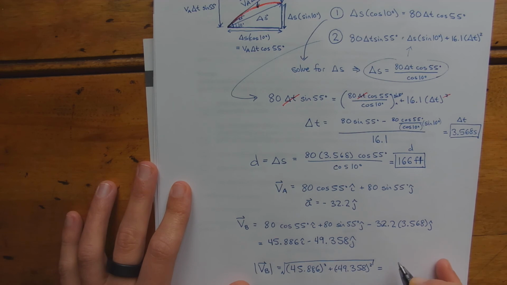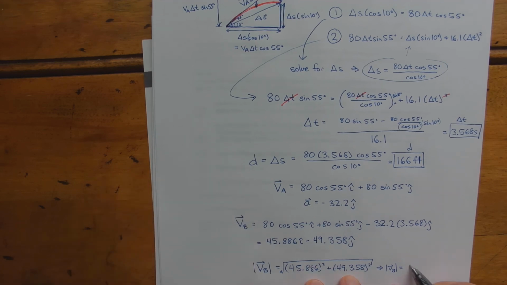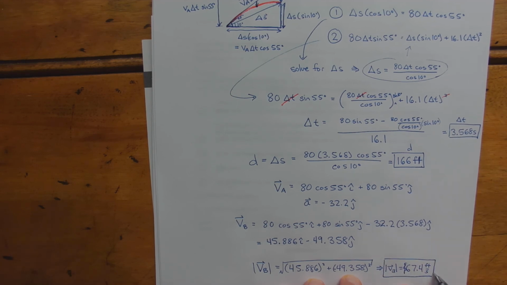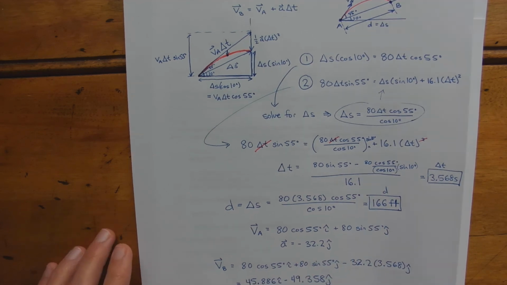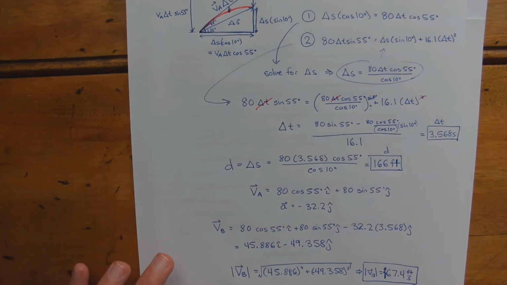And this gives us the final speed is equal to 67.4 feet per second, where at this point I did round because this is the last thing that we're looking for. And like I said before, if you want to go back and round the time, you can, but I don't care if you leave it with 4 significant figures. And that concludes problem 93 and problem 94.